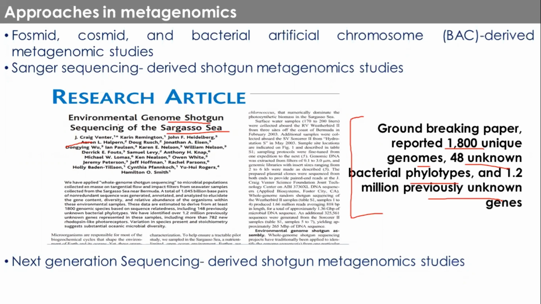So it means when you do the metagenomics, there is ample chance that you will get a previously unknown set of microbes, unknown set of genes, unknown functionality of the genes, and it helps to discover a lot of new information.